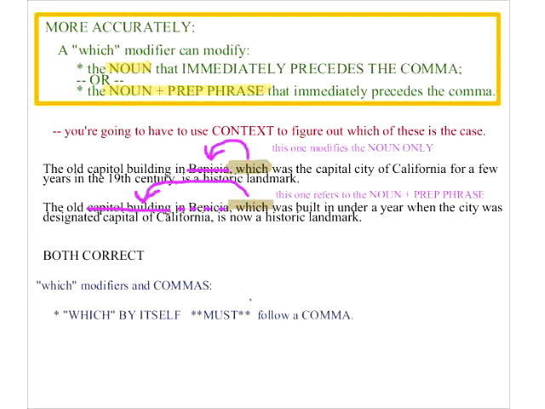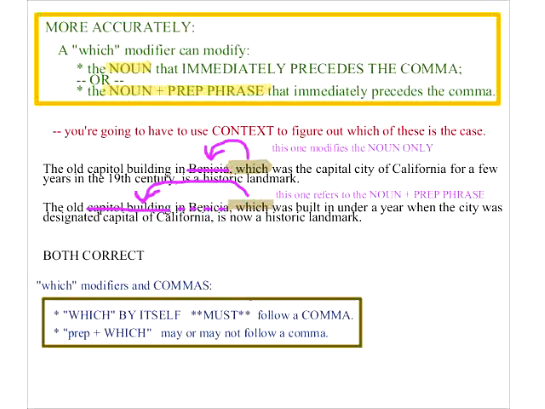On the other hand, a prepositional phrase, or preposition plus which, may or may not follow a comma. That's your rule. They're not going to split this; it's more of an American versus British convention than anything else. So if you learned British English, you may be a little bit surprised by this.